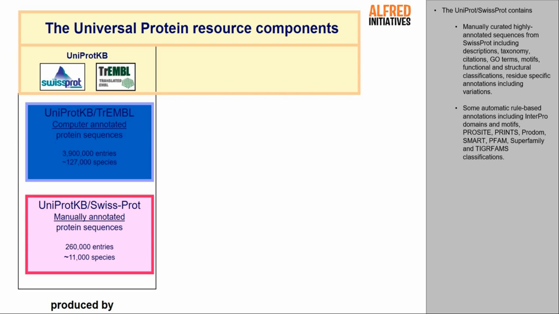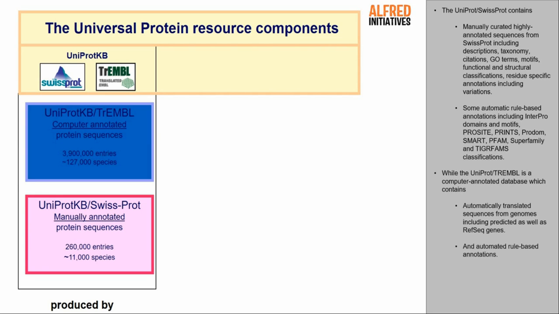Some automatic rule-based annotations include InterPro domains and motifs, PROSITE, PRINTS, ProDom, SMART, Pfam, SUPFAM, and TIGRFAMs classifications. While the UniProt TrEMBL is a computer-annotated database which contains automatically translated sequences from genomes, including predicted as well as RefSeq genes, and automated rule-based annotations.